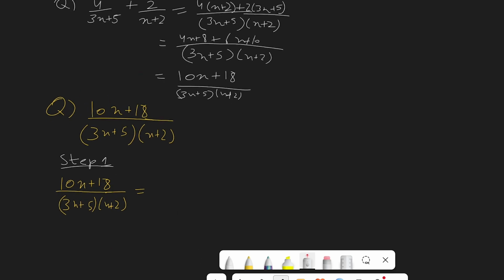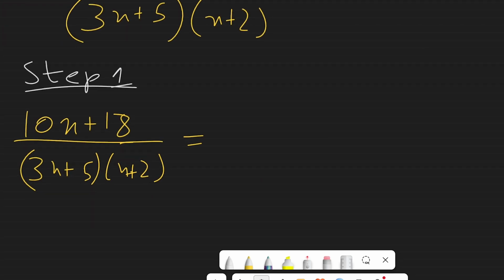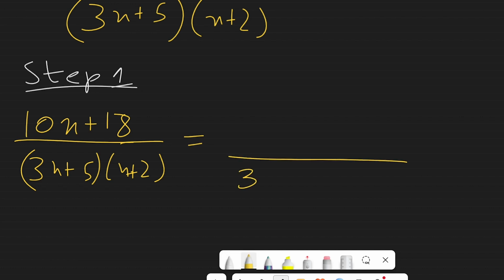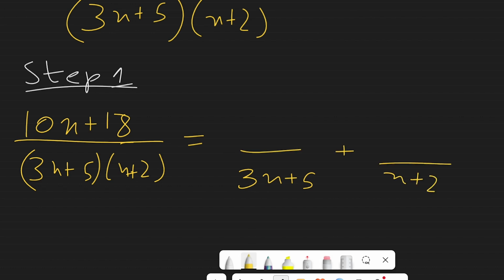Now we'll separate the denominators. This time we'll just go in reverse order. We'll separate the denominators, and that would give us 3x plus 5 plus x plus 2. These are the two denominators that we have. For the numerators, we don't know yet what the numerator would be, because we get the numerator when we multiply all this out.